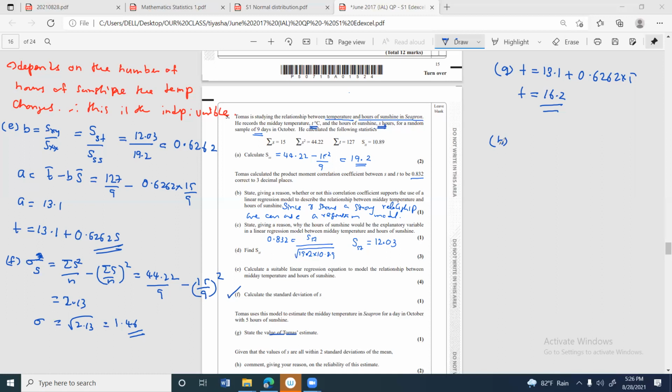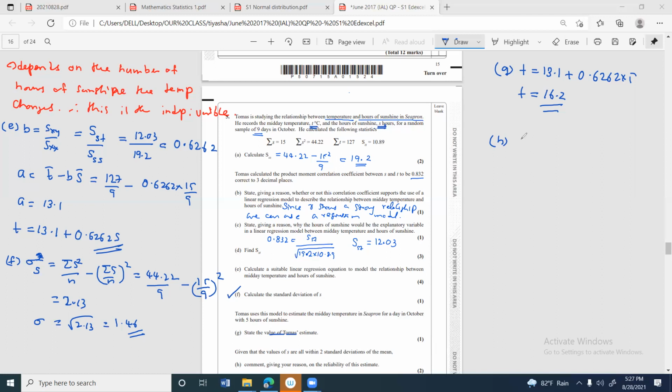Then give a reason for the reliability of the estimate. When you work this out it comes to 16.2. We need to be a little bit vigilant with this answer. It's a 2-mark question.